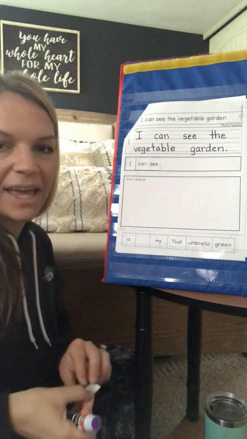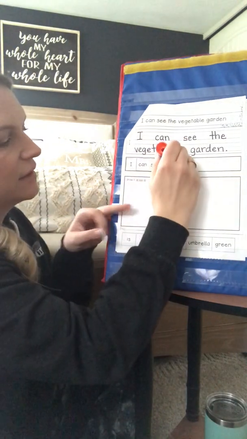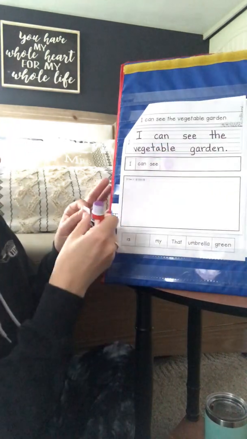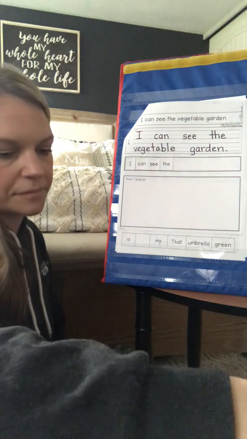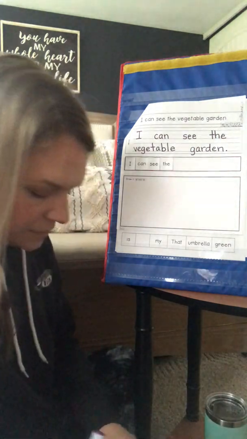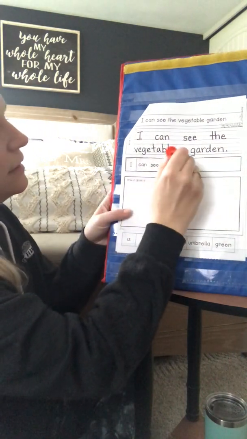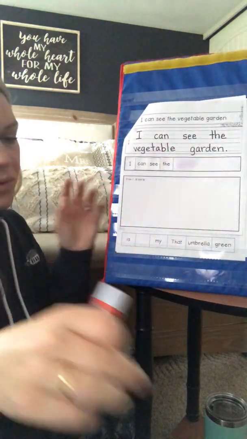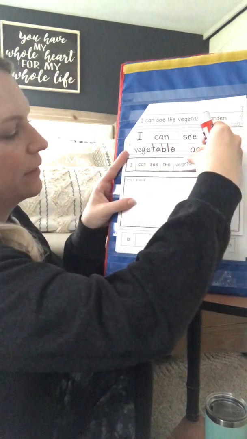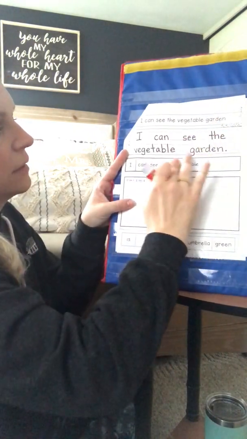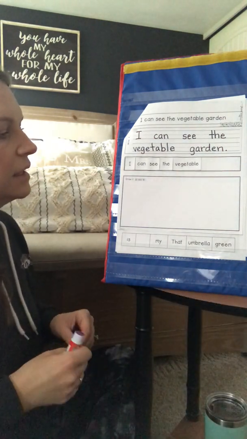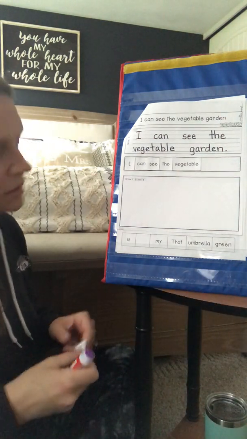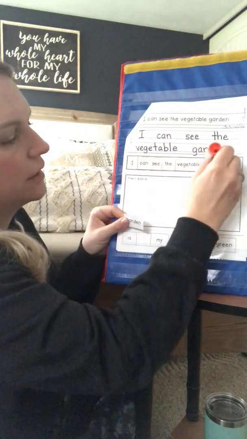I can see the vegetable. Big word. I can see the vegetable garden.